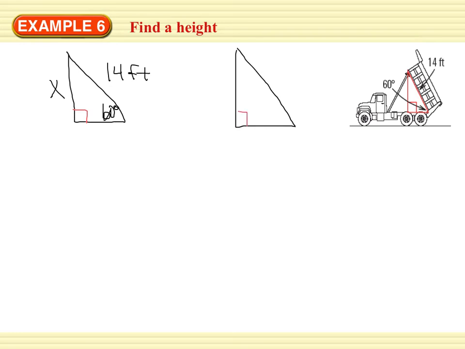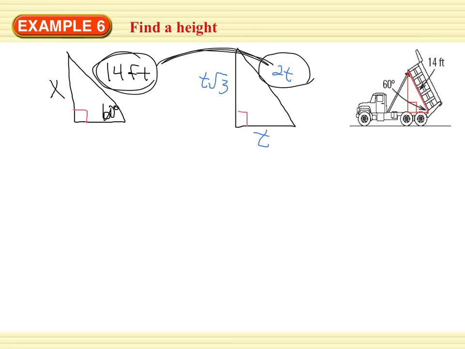The hypotenuse is, let's get a different color, sorry. 2t, short side is t, long leg is t square roots of 3. Okay, 14 feet matches 2t, so I'm going to set those equal to each other and solve for t. T equals 7.